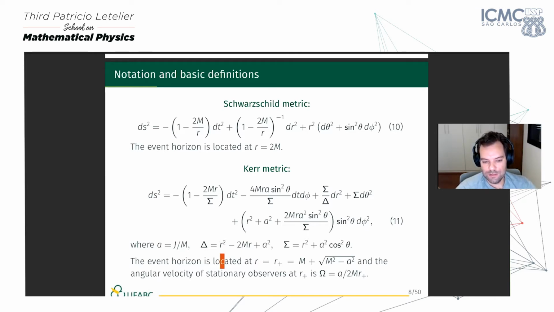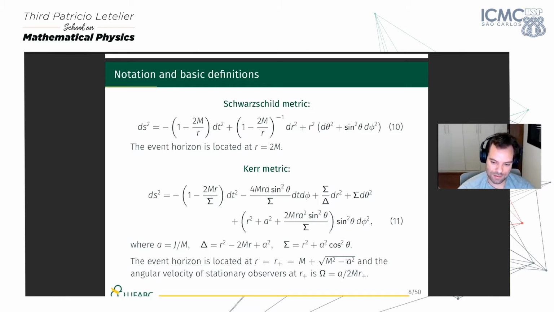If you plot this, you get a parabola, and this parabola opens upward, so you can work out when you have real or complex roots. You see that you have complex roots when the mass is smaller than the parameter A, when m is smaller than the spin of the black hole.